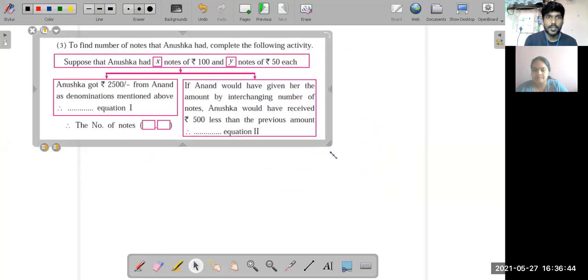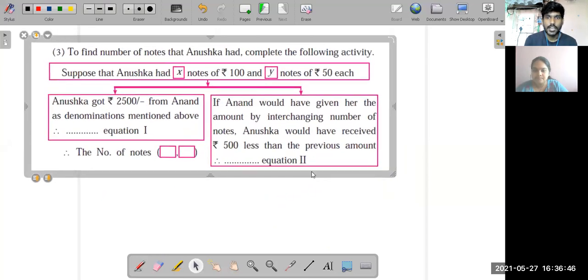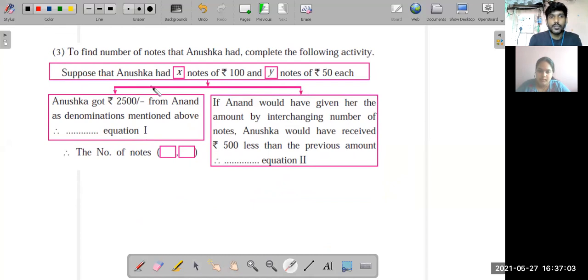Okay, to find the number of notes that Anushka had, complete the following activity. So let's understand the question first. Suppose that Anushka had x notes of rupees 100 and y notes of rupees 50.